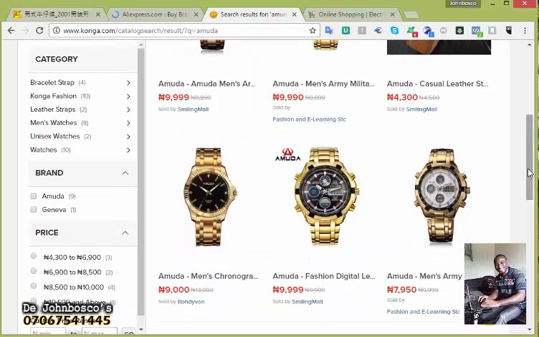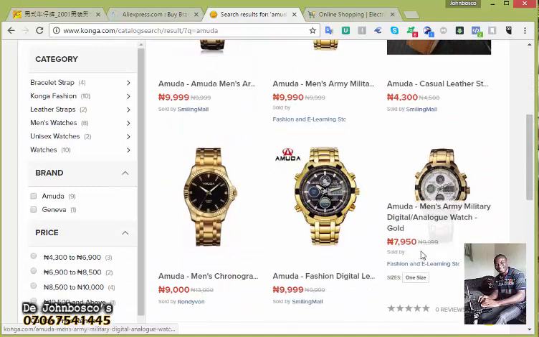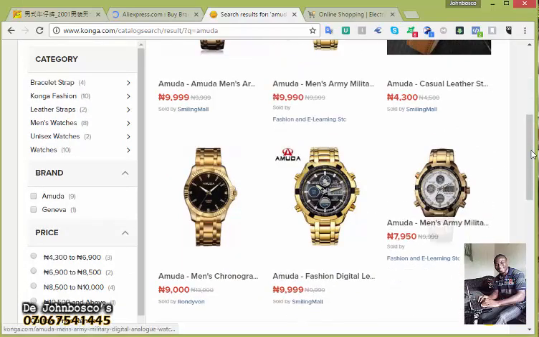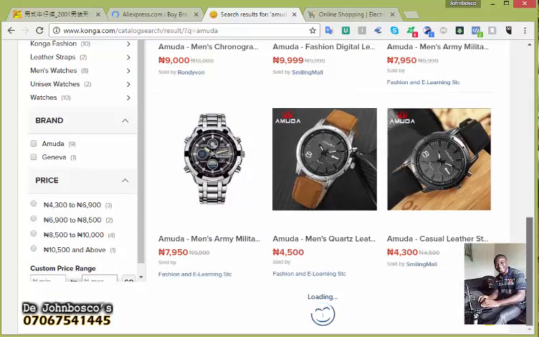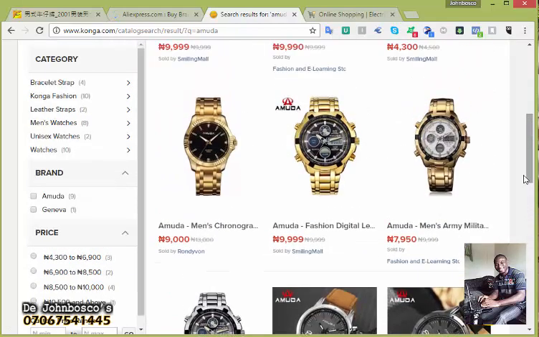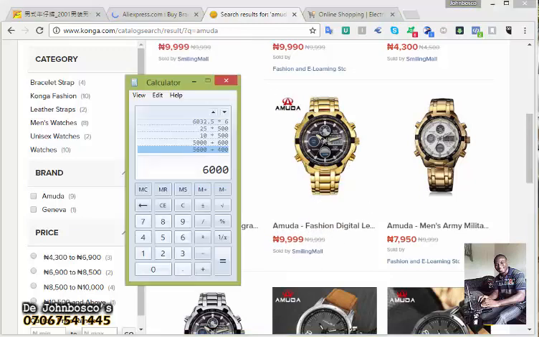Then they sell it at 10,000 naira, which means their gain is only 1,020 naira. When they give Konga commission, they may finally have only 800 naira as their gain.